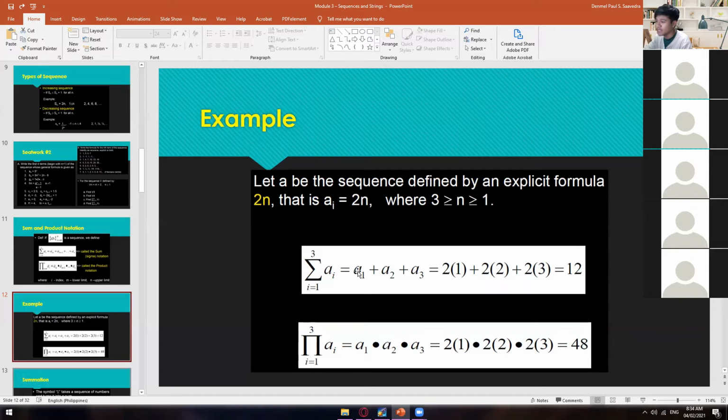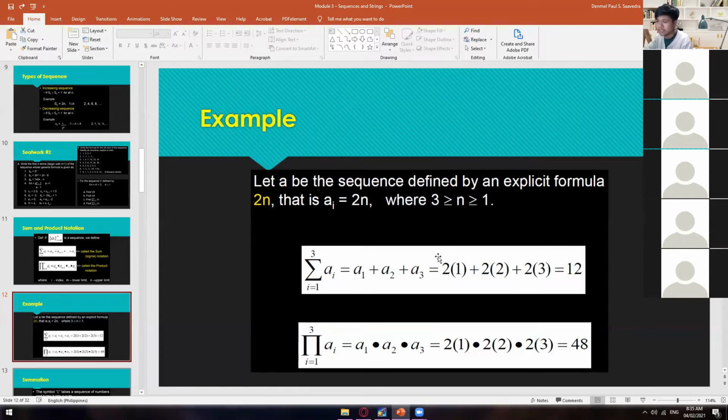And then what is this a1? So a1 is 2 times n. So this a is the formula wherein it's 2n. So 2 times 1 plus 2 times 2, which is a sub 2 now. And then the next one is plus 2 times 3, which is a sub 3. So just add all of those, then you will get 12.